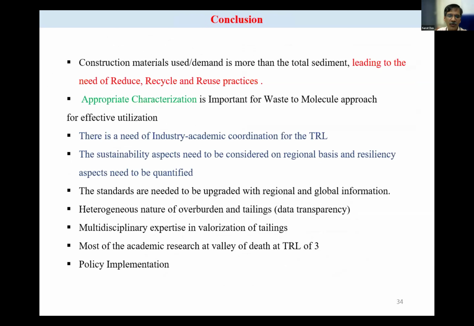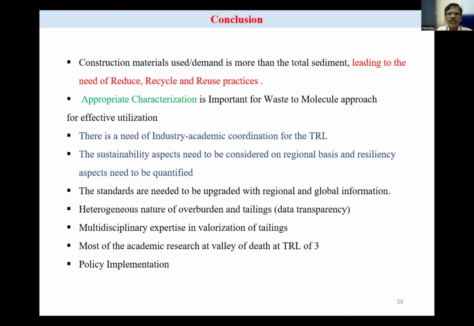So with this, if I come to my conclusion, there is a demand for this construction material. We need to go with 3R, and it should be reuse of this industrial waste, what I presented today. Appropriate characterization is important.